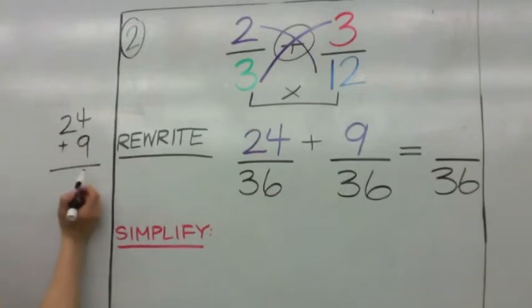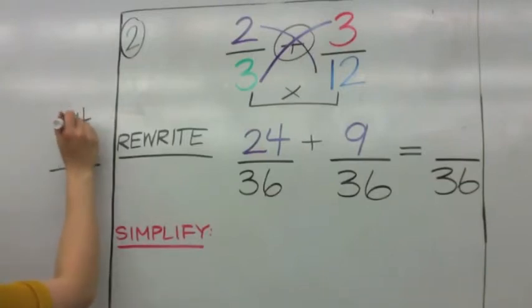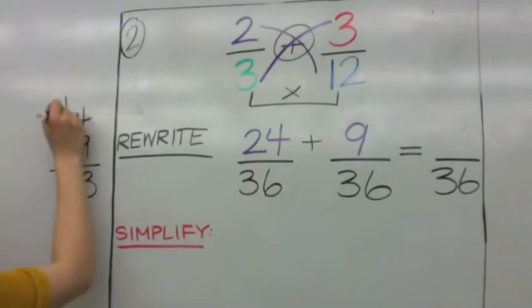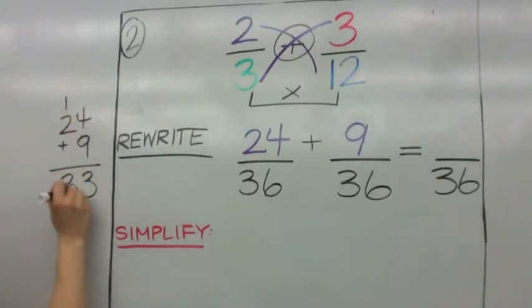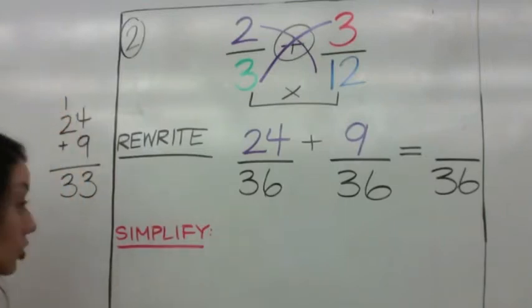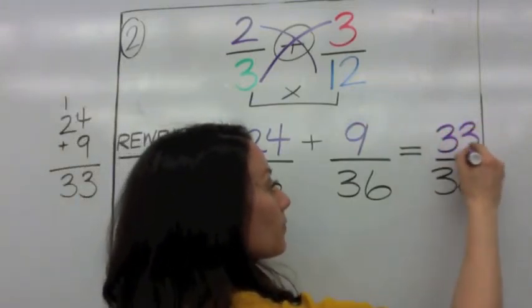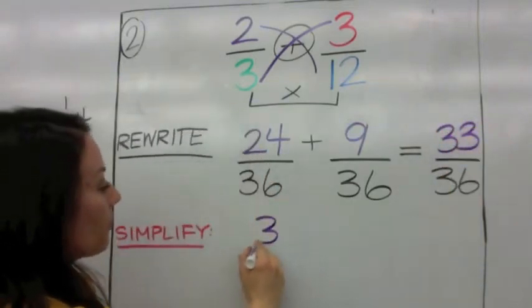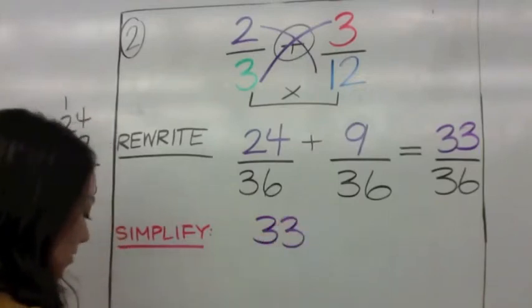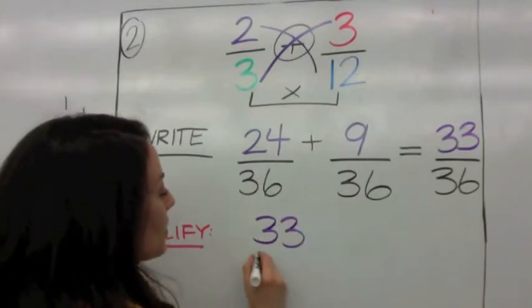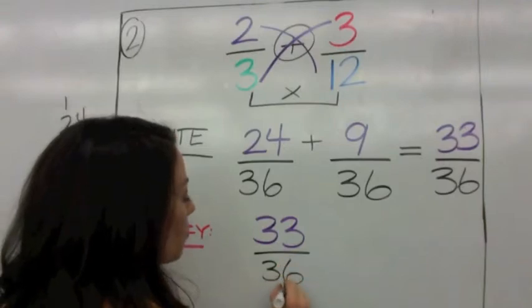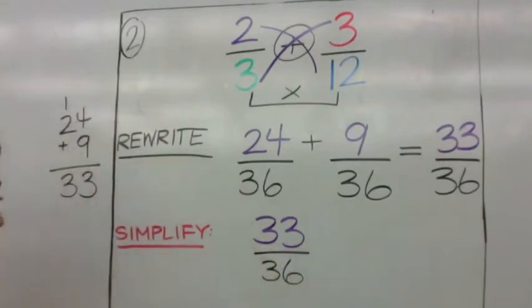So 9 plus 4, remember it's 9, 10, 11, 12, 13. Carry the 1. 1 plus 2 is 3. So what is the numerator now? It's 33. Let's rewrite the fraction as 33 over 36, or 33 36ths.